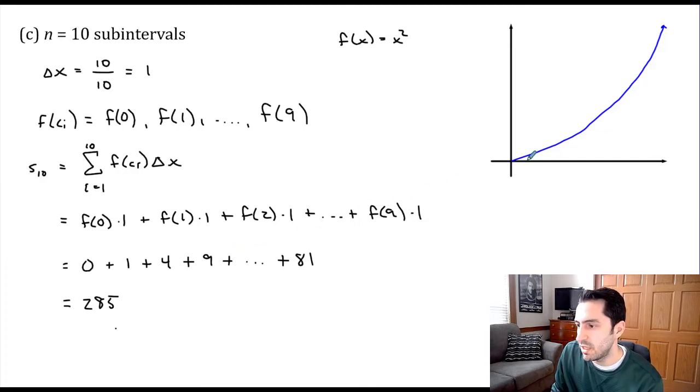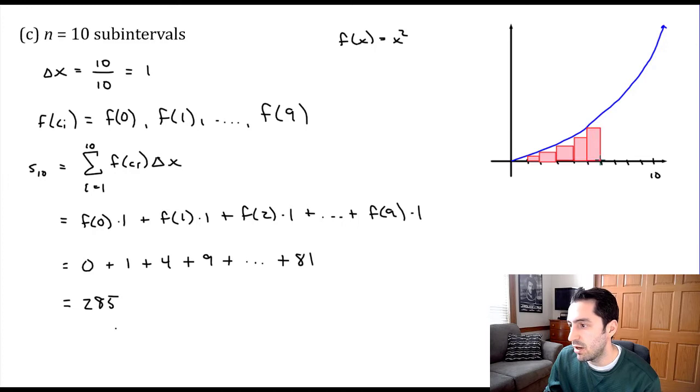And now if we take a look, 1, 2, 3, 4, 5, 6, 7, 8, 9, 10. If I draw this out, if we take a look at these rectangles, some of these are going to be pretty small. But just as we saw going from 2 subintervals to 5 subintervals, the error, the missing area, did decrease.